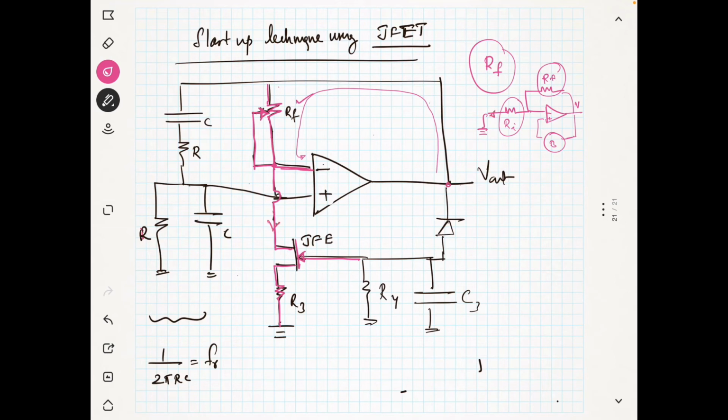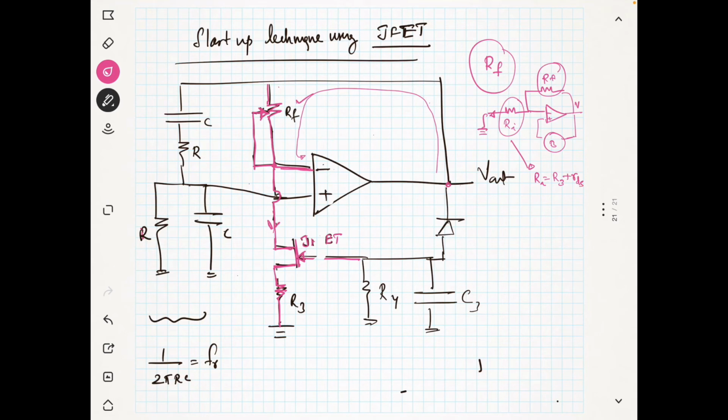Actually RI is a path to the ground, but it is going through the Jfet. RI is going through the Jfet and through R3 to the ground. So what is your RI? Instead of RI, you have R3 plus RF. Sorry, not RF, R3 plus the resistance of the Jfet. The resistance of the Jfet is R-ds.